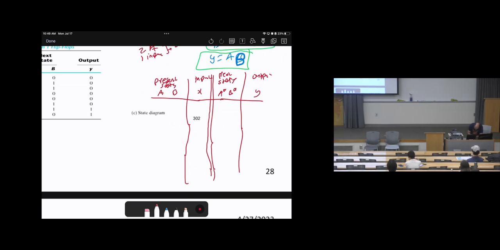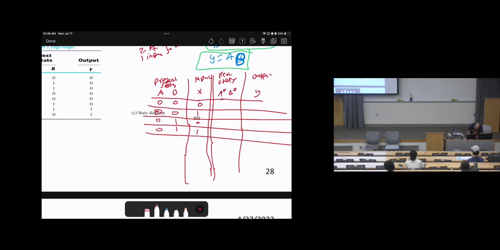So it will be here 0, 0, 0. I'm going to make a line. 0, 0, 1. Make a line. 0, 1, 0. 0, 1, 1. 1, 0, 0. 1, 0, 1.